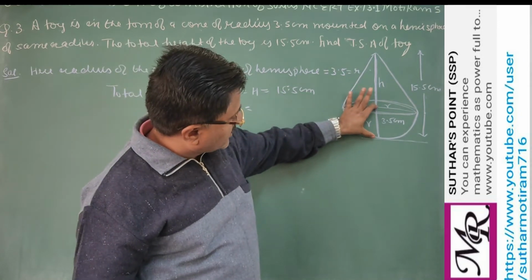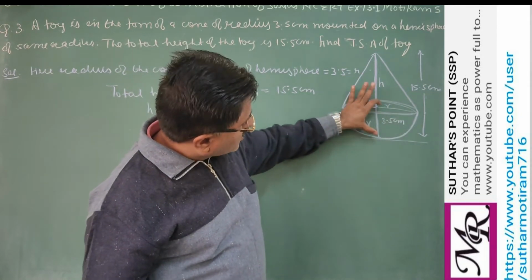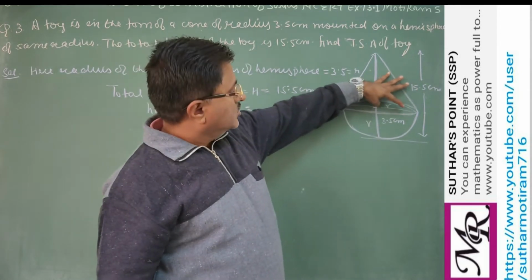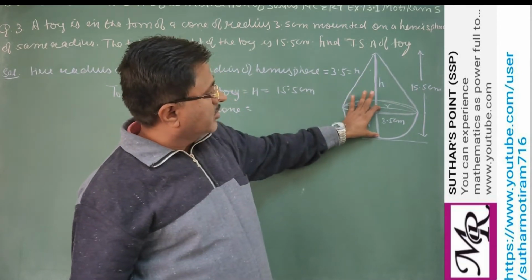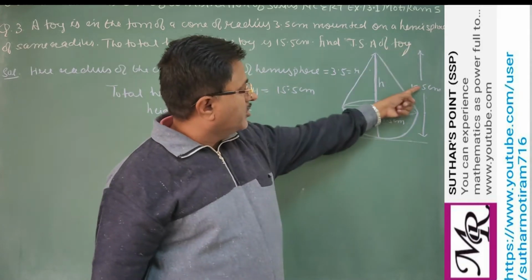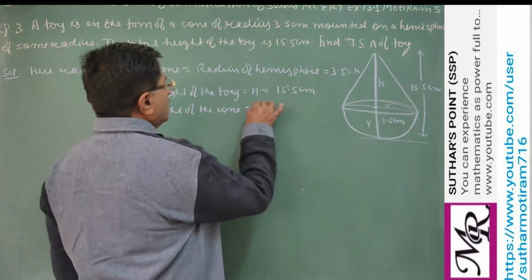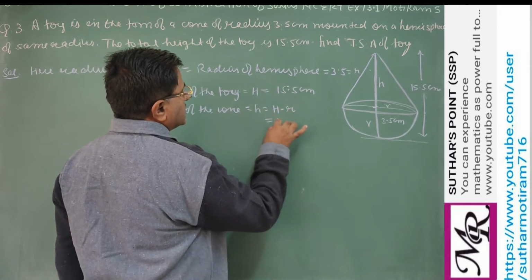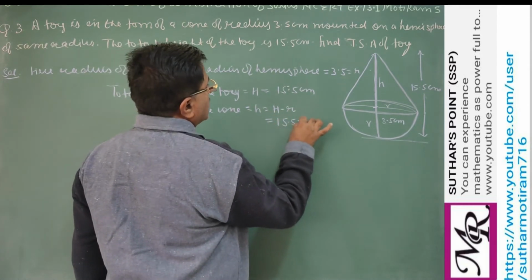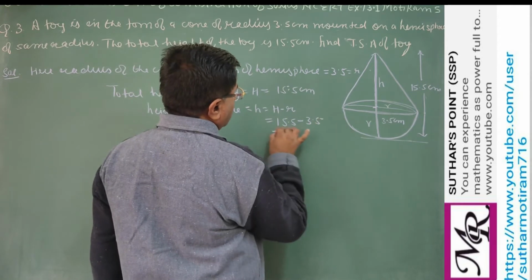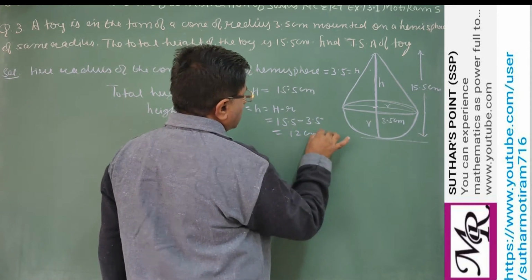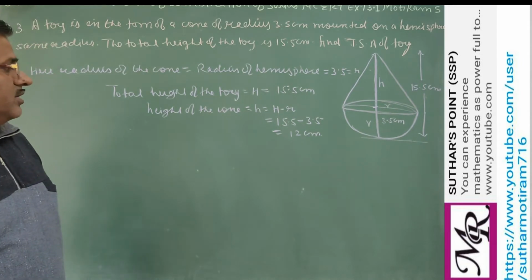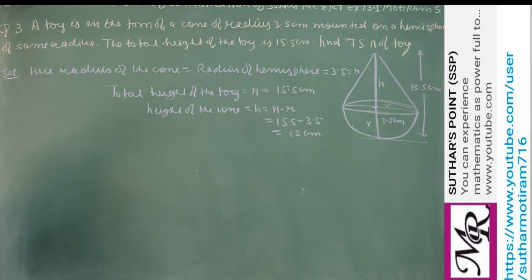If you subtract, because this is the hemisphere, this is also the height of the hemisphere, that is the radius. So this is 3.5, this is 3.5, and this total is 15.5. So h equal to capital H minus R, or 15.5 minus 3.5, that is 12 centimeter. So dear student, we get the height of the cone as 12 centimeter.